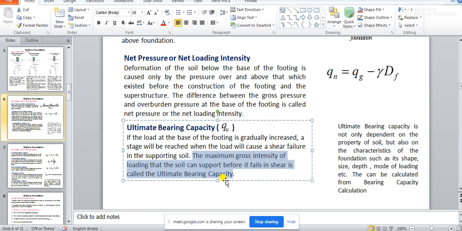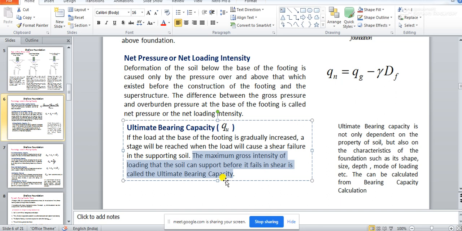Now you see, yes, a very important definition, this ultimate bearing capacity. You cannot forget it during your total career of civil engineering. So ultimate bearing capacity is very simple to understand. It is the gross load intensity, and gross load intensity is nothing but your Q superstructure plus Q foundation plus your Q soil, divided by the area of the foundation.